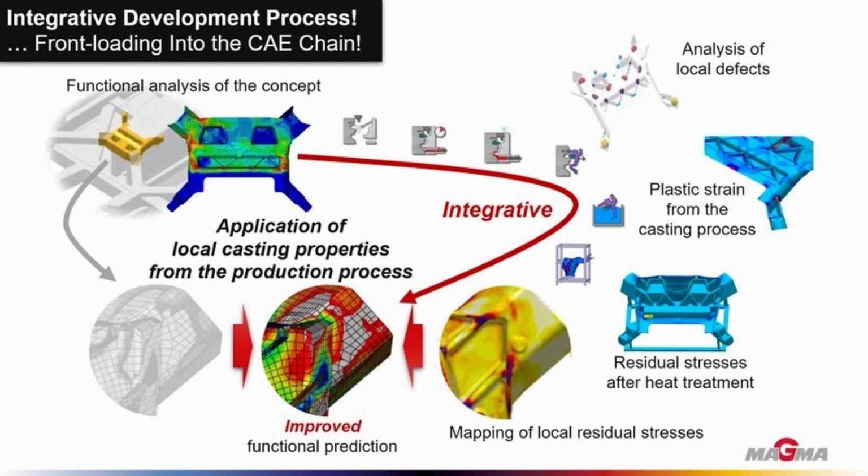Then you can export this result and import it or provide it. We call it a mapping process. Provide this result to an FE tool to increase the quality of the result of the FE tool, for example, considering certain defects or certain material specifications within your FE simulation, for example, a crash simulation.